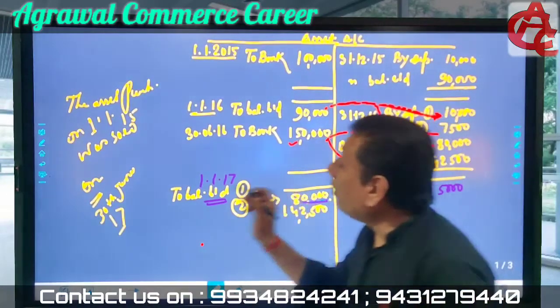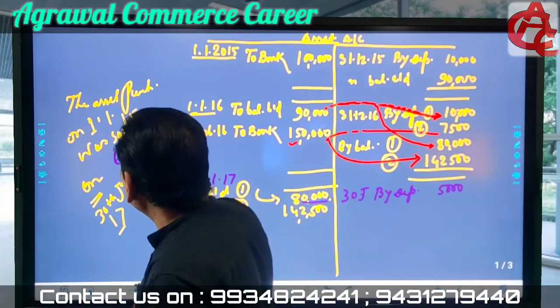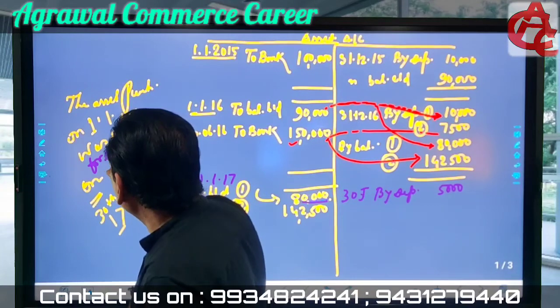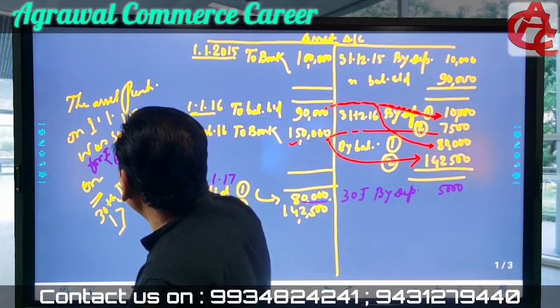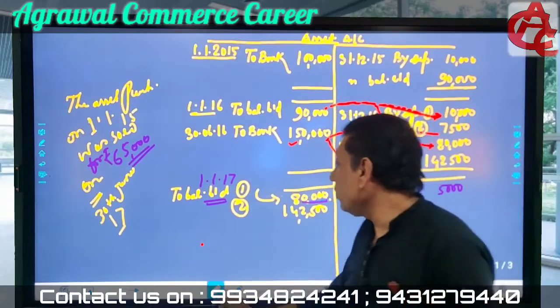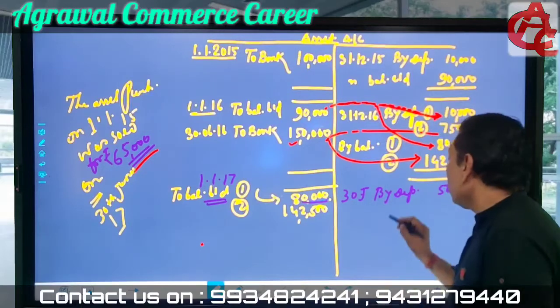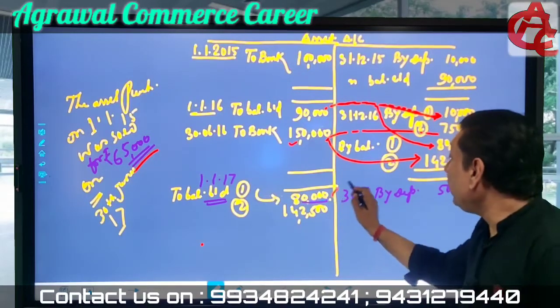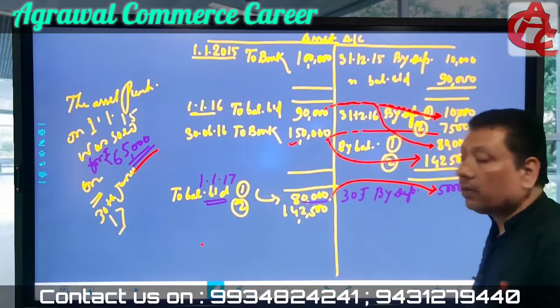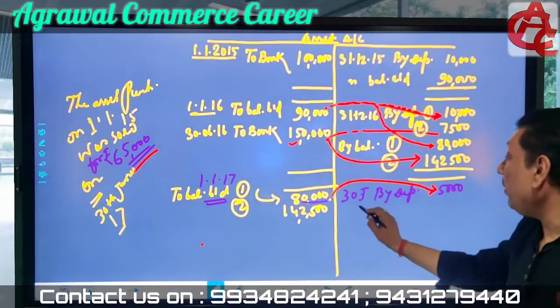Now, for what amount is it sold? It was sold for rupees 65,000. By depreciation 5,000, so 80,000 minus 5,000 is 75,000. By bank.